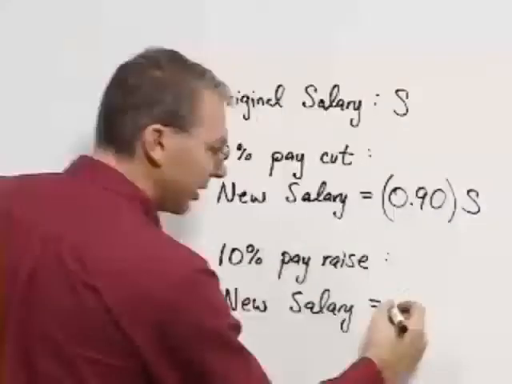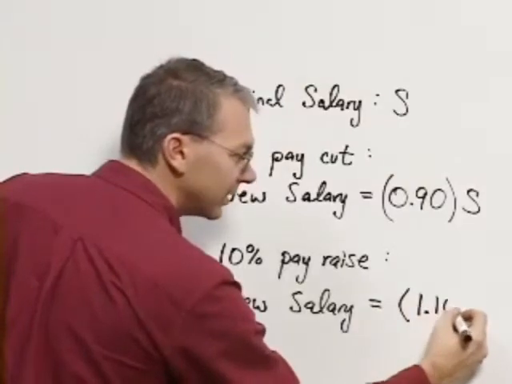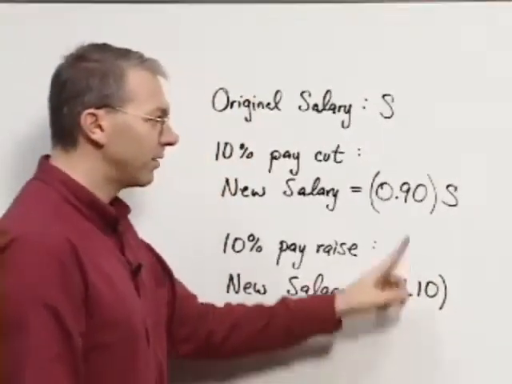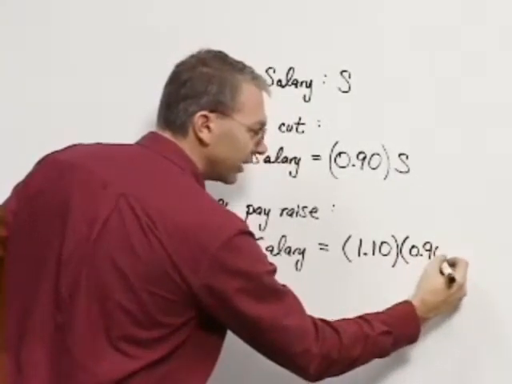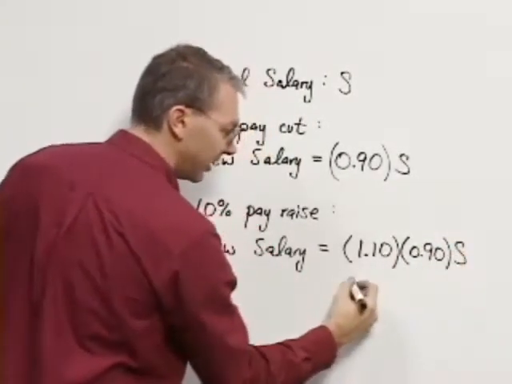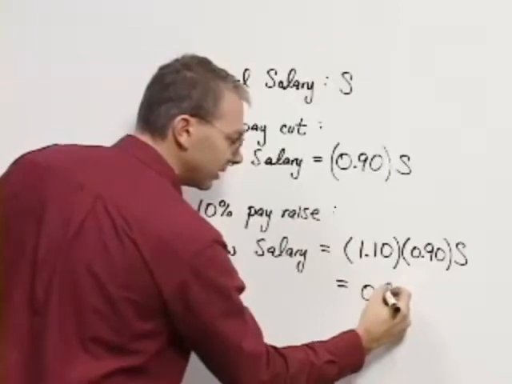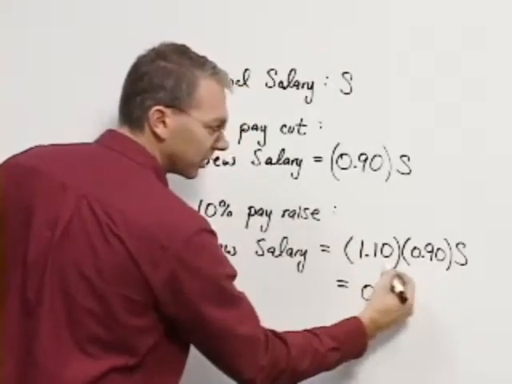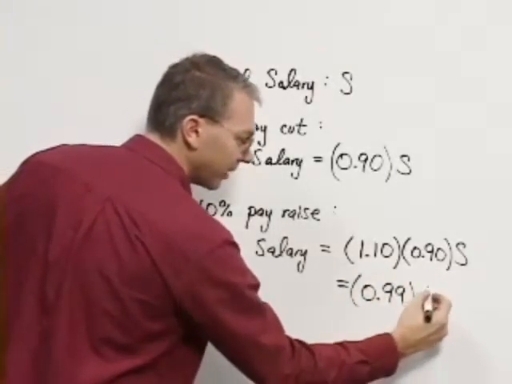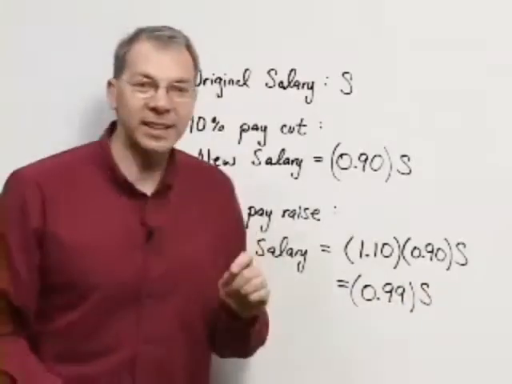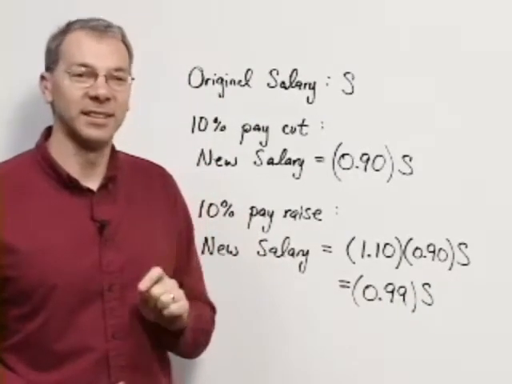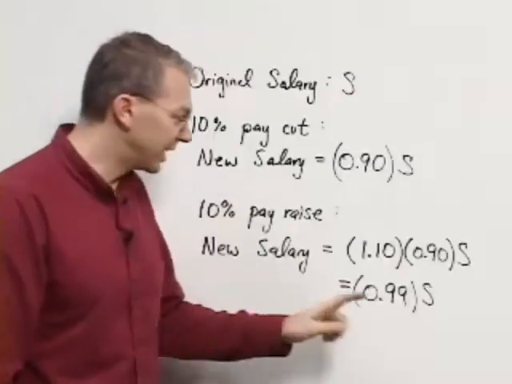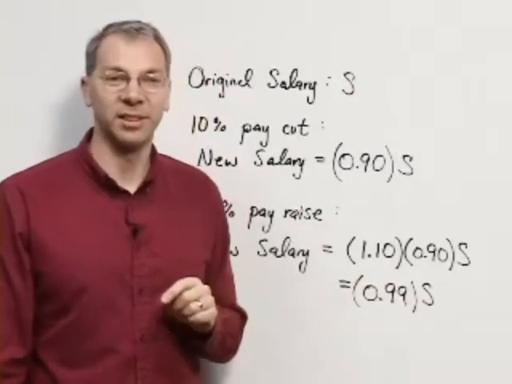In other words, your new salary will be 110% of your previous salary, or 110% of 90% of S, which works out to be 99% of S, if you multiply these two numbers. That is, the answer is no. Your latest salary is not your original salary. It's only 99% of your original salary.